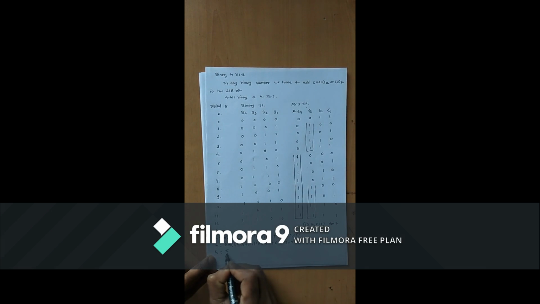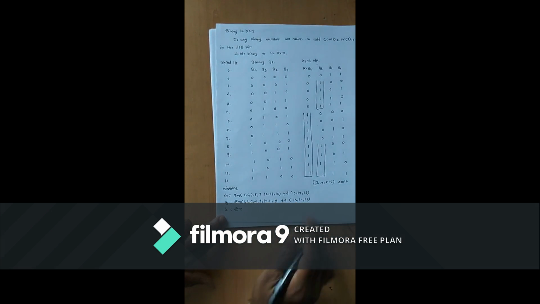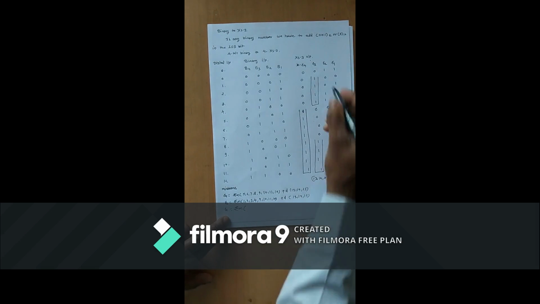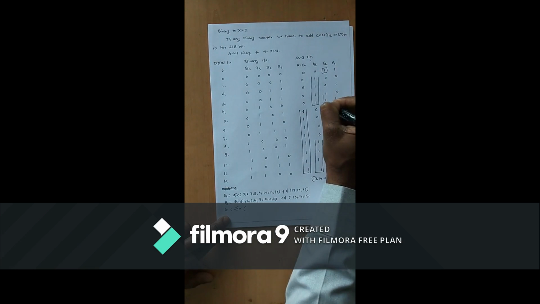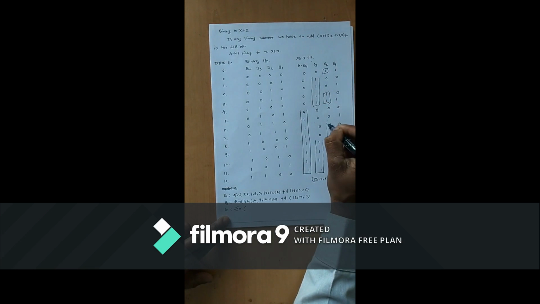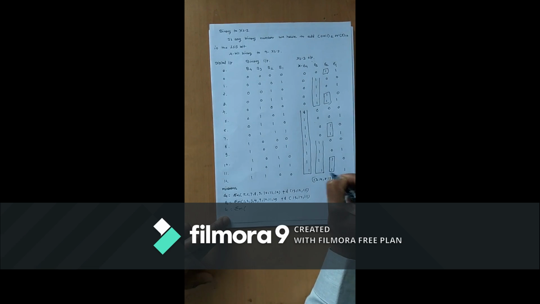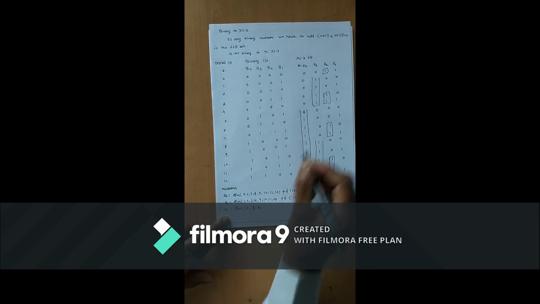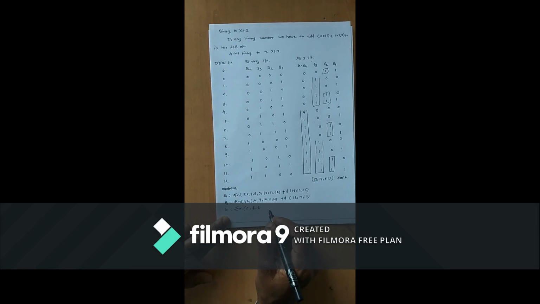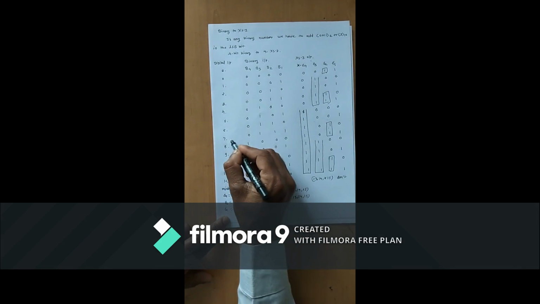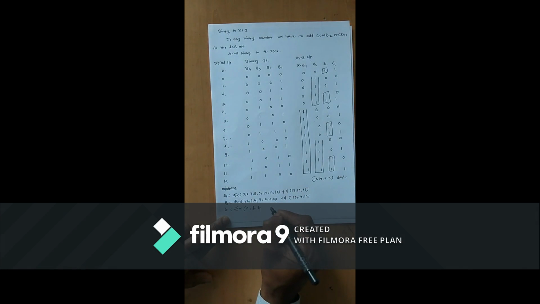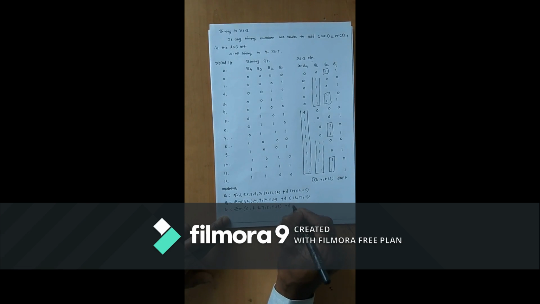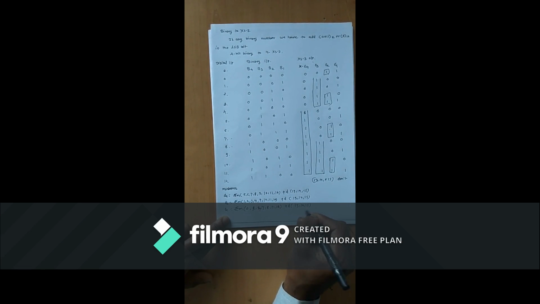For E2, summation of m, write down the minterms: 0, 3, 4, 7, 8, 11, 12, plus don't care conditions 13, 14 and 15.